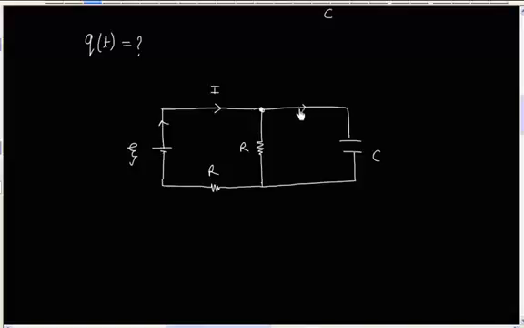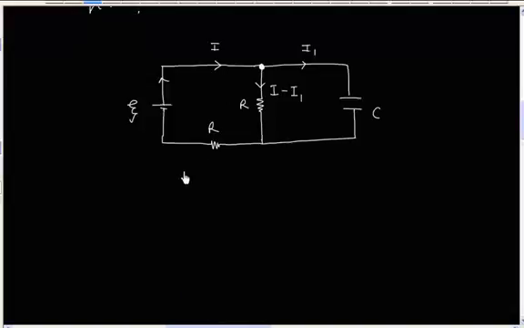Let us say this part has a current of I1, then this part will have a current of I minus I1. This is because Kirchhoff's junction rule says total current coming at a junction is the same as total current flowing through the junction. So current coming is I and current going is I1 plus I minus I1, that is the same as I.